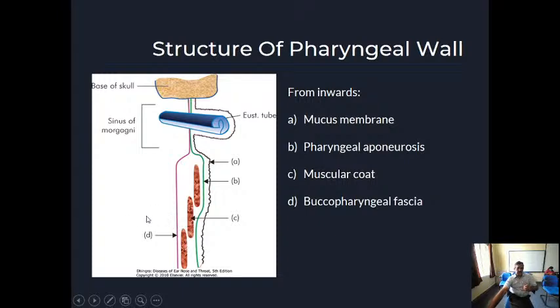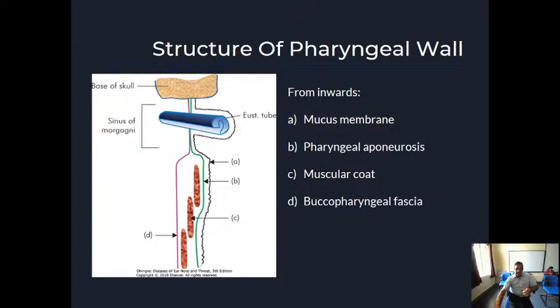There are two spaces in relation to the pharynx: the parapharyngeal space and the retropharyngeal space. So basically it's a tube lined by these layers, and lateral to that is the parapharyngeal space, and behind is the retropharyngeal space.